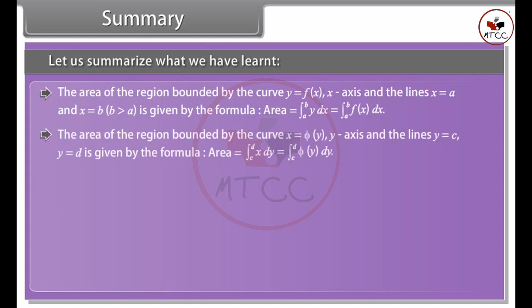The area of the region bound by the curve x = phi(y), the y-axis, and the lines y = c and y = d is given by the formula: area is equal to the integral from c to d of x with respect to y, which equals the integral from c to d of phi(y) with respect to y.